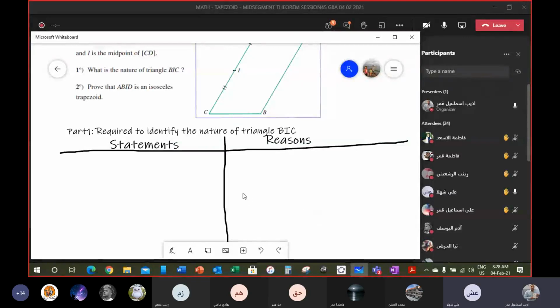CB equal IC، ليش؟ Sides of isosceles triangle. هذا بعد ما برهناش، حضرنا برهنوا if it is isosceles or not. لا علي شاه، BC and CI are not sides of a pair. CI مش هي side كامل للبار.